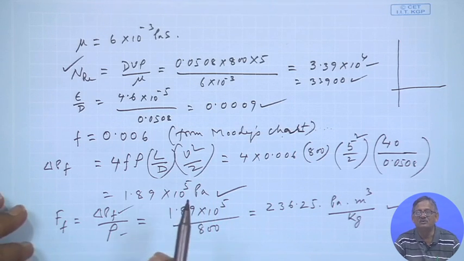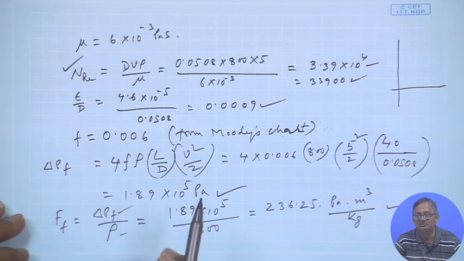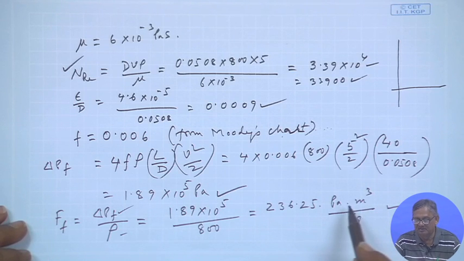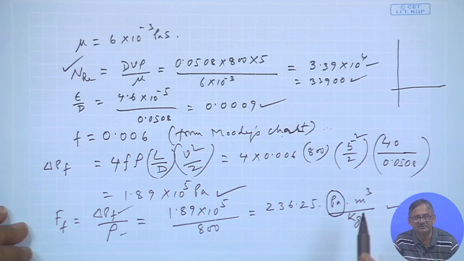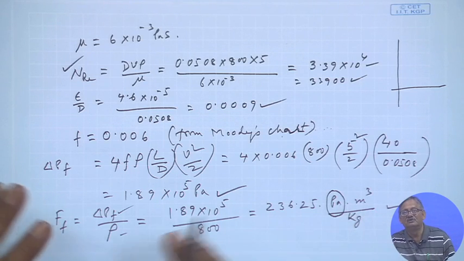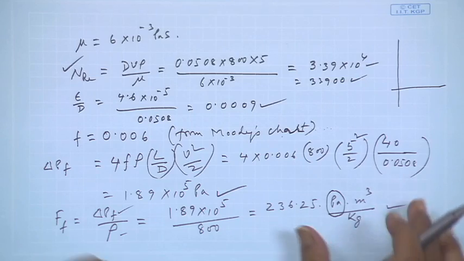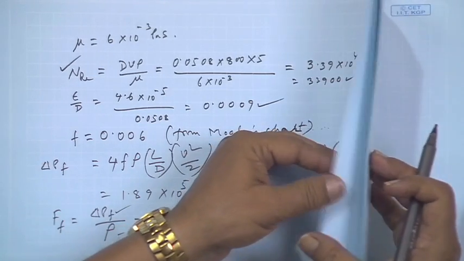Then how can we convert that to joules per kg? This is very simple. If you know the definition of Pascal in terms of Newton, and you convert all of them, from there you can determine the value in joules per kg.